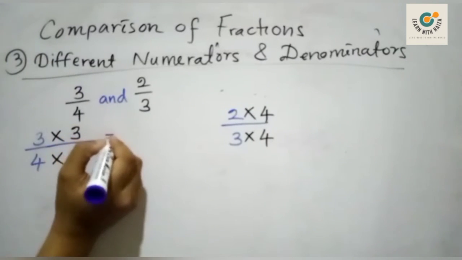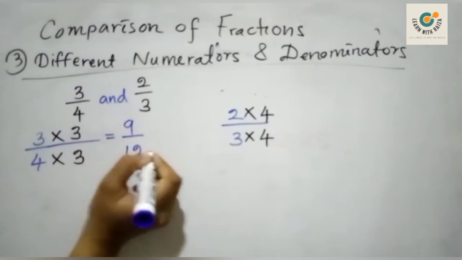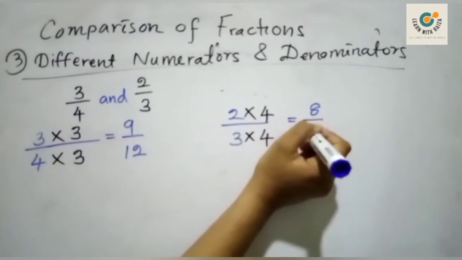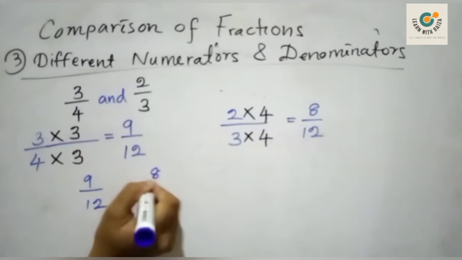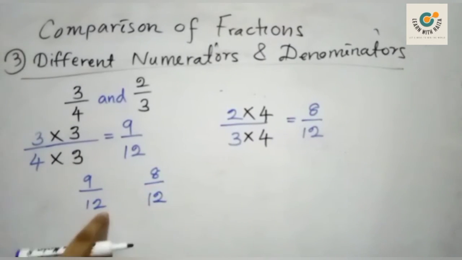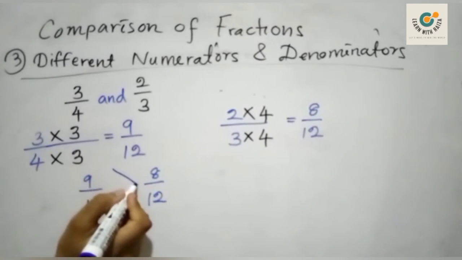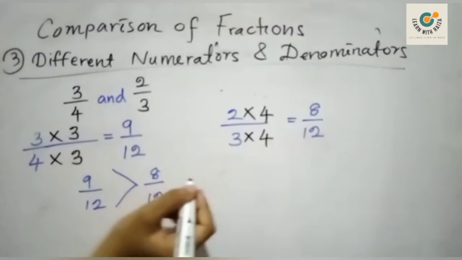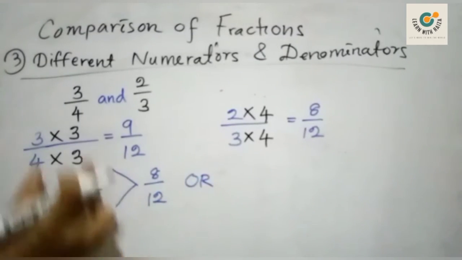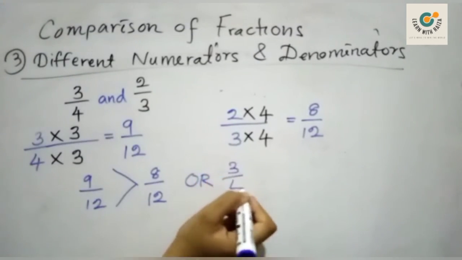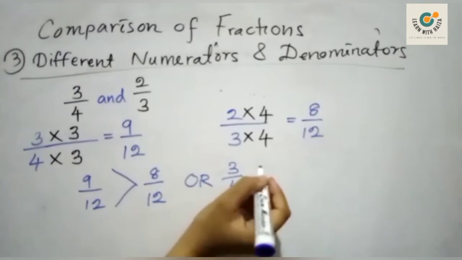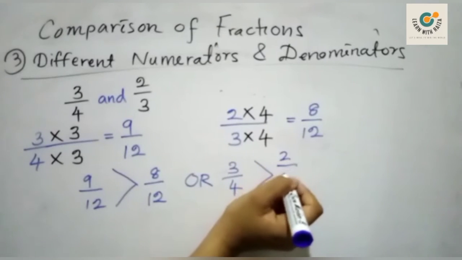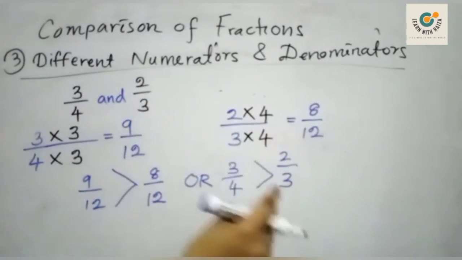So the new fractions I get will be 9 over 12 and 8 over 12. Now we compare 9 over 12 and 8 over 12. Denominators are same, larger fraction is with larger numerator. So 3 by 4, which is equivalent to 9 over 12, is larger than 2 by 3, which is equivalent to 8 by 12.